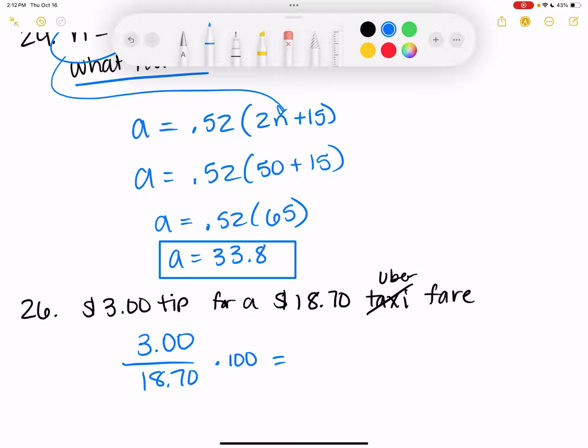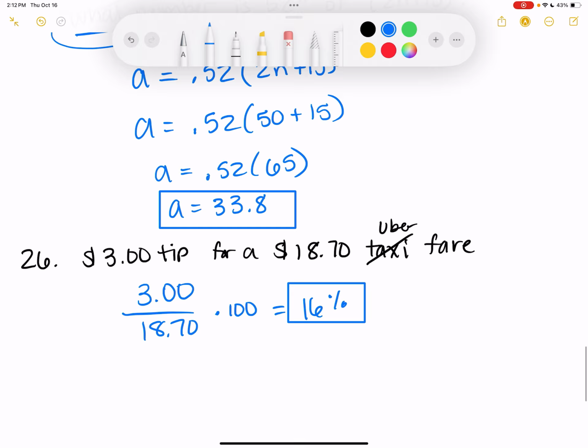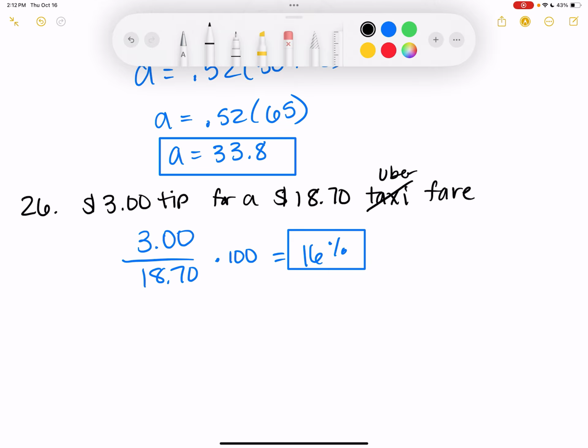16%. 16. All right, 28. 90 rock CDs out of 125 CDs.